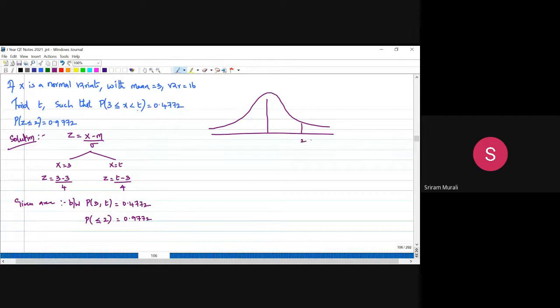This is my 2, 3. Within less than or equal to 2, the area is 0.9772. Between 0 to 2, what is the value?